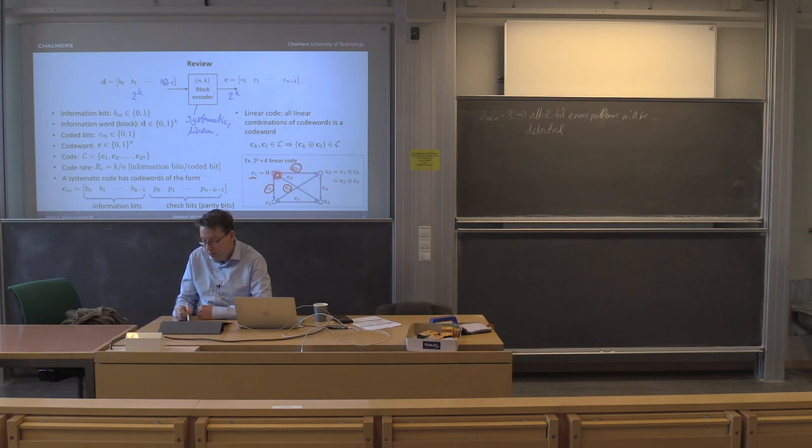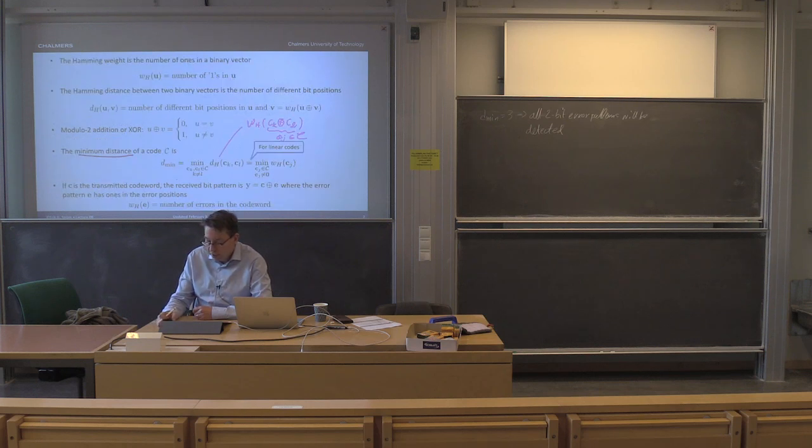Suppose that C2 is this. Then for sure C2 is an undetectable error pattern, right? But there are many other error patterns with the same weight as E2 that point somewhere else, like this. And that will not be undetectable.